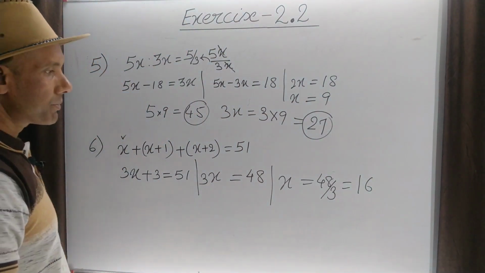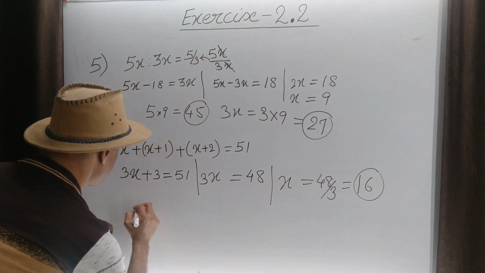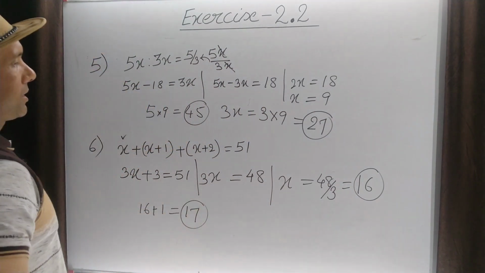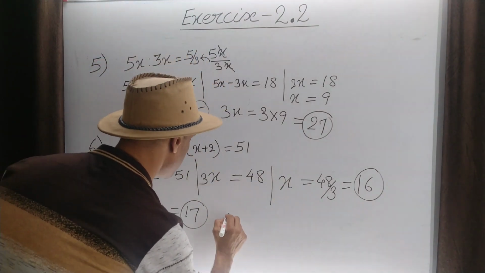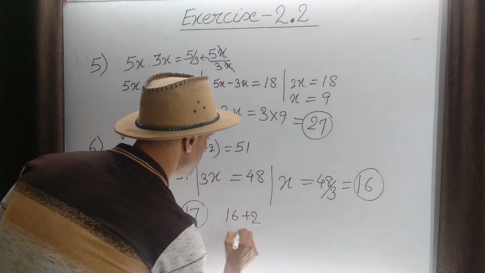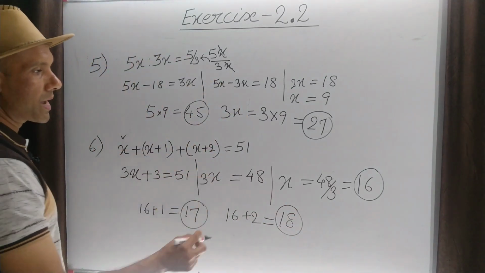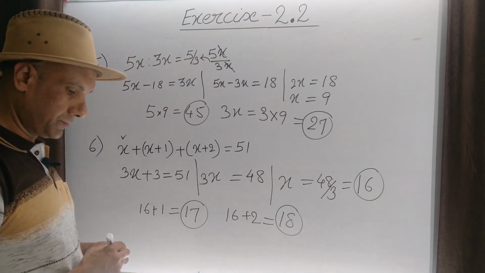So we have got the first number 16. What will be the second number? x plus 1, that is 16 plus 1, that makes it 17. The next number will be x plus 2, that is 16 plus 2, that makes it 18. So we got the three numbers as 16, 17 and 18. Understood?